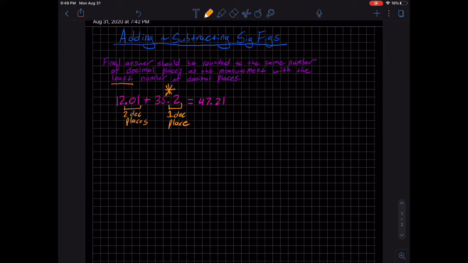So we know our final answer can't have more than 1 decimal place. What we're going to do then is round the final answer at 1 decimal place. To round it, we look right past it at the number, and we see that it's a 1. A 1 doesn't do anything, it just rounds down, leaves it the same. So the final answer is 47.2.